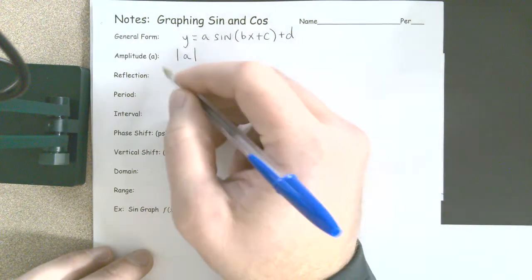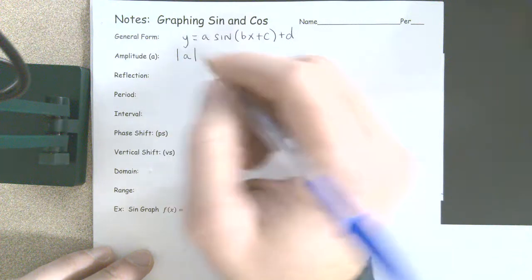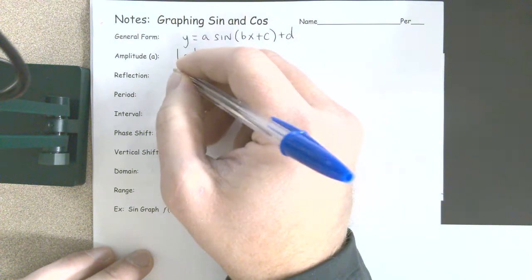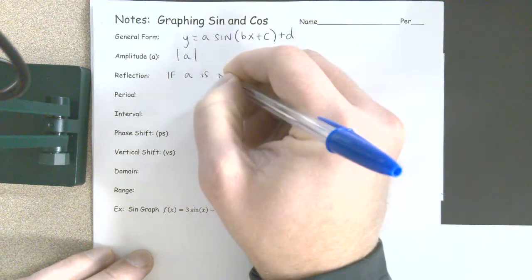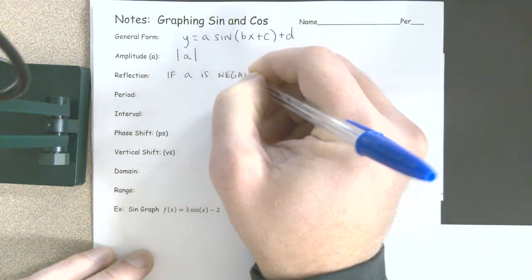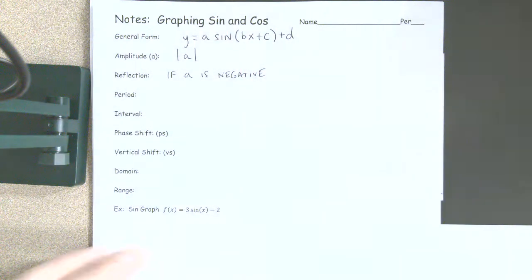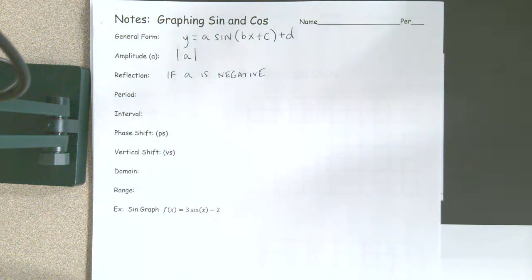The reflection, if we're looking at the curve, would be if a is negative. So there's going to be a reflection of your curve.